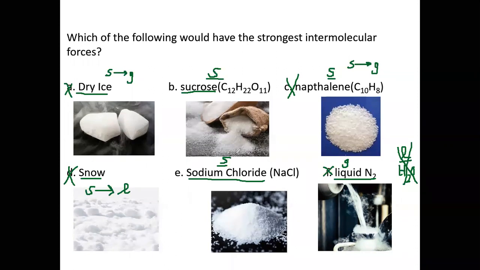Now both of these are solids at room temperature. They won't sublime at room temperature. So we have to look at which one of these would have the higher melting point, which would indicate which one would have the stronger attractive forces.